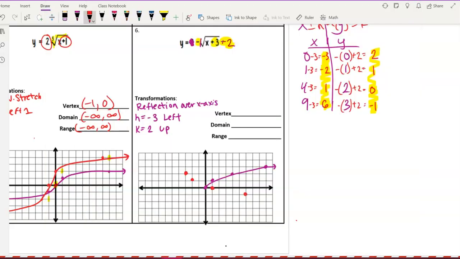All right, so we got our new points, and now we can graph them, and there's our new graph. Awesome.